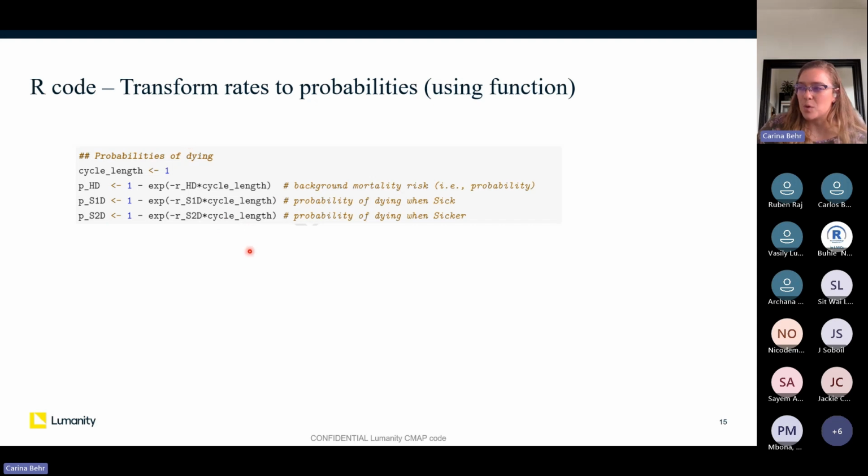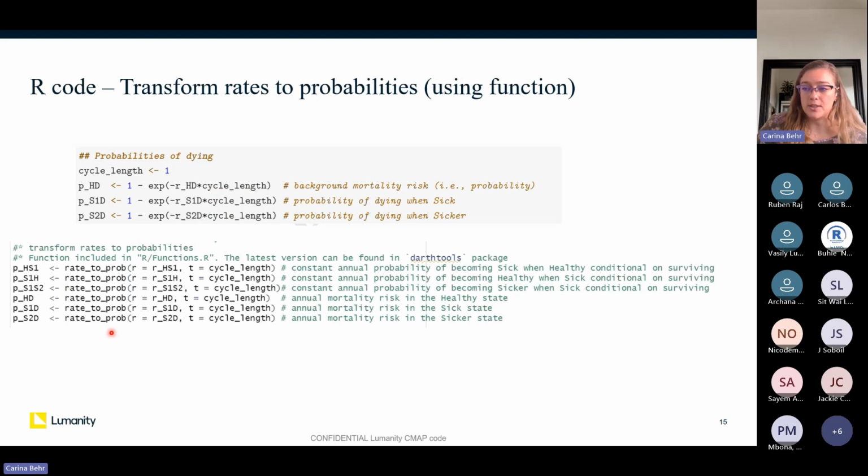One thing that's important in this part of code, coming back to what was discussed in the chat earlier, is that you can sometimes do things a bit simpler. Instead of using the same code, or very similar code, multiple times with the same formula, you can use a function.